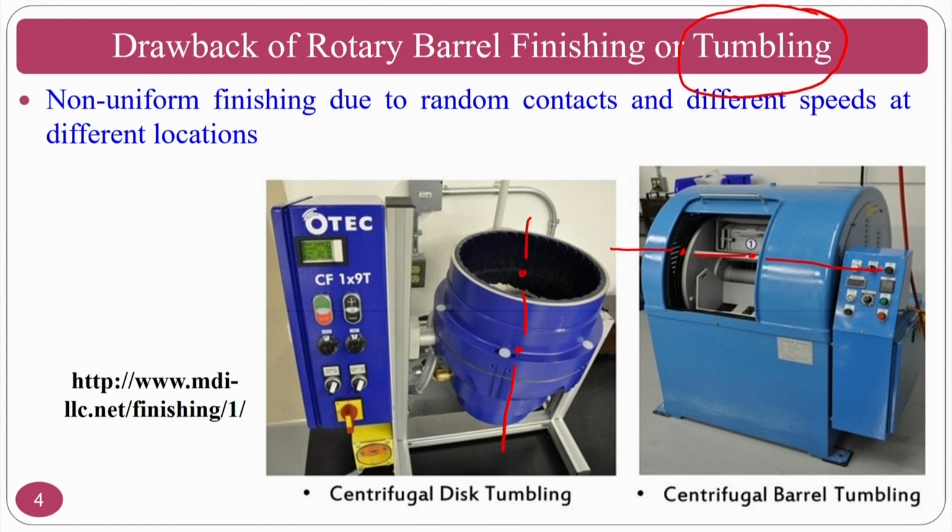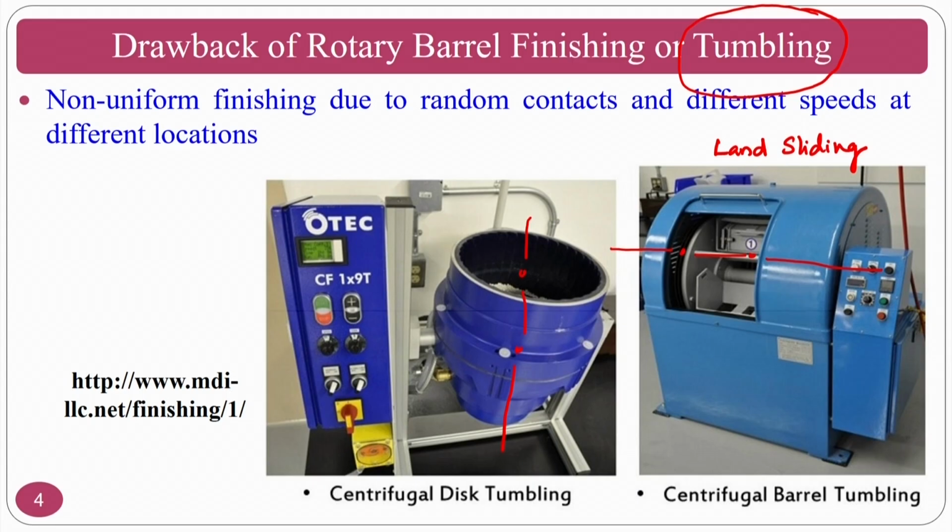You have seen in the horizontal axis there is a landsliding mechanism. Whenever you put the parts as well as abrasive particles inside and rotate about the horizontal axis, the finishing action takes place by the landsliding action.